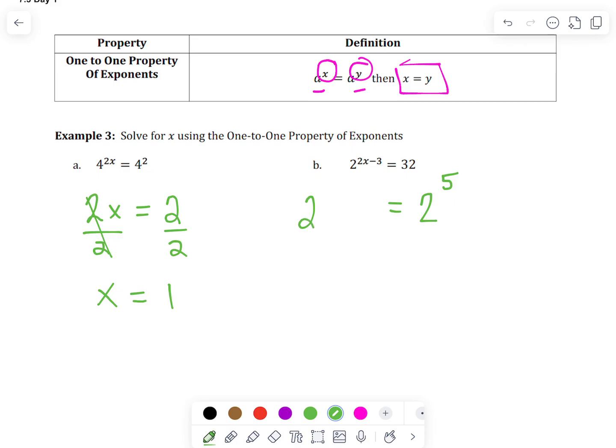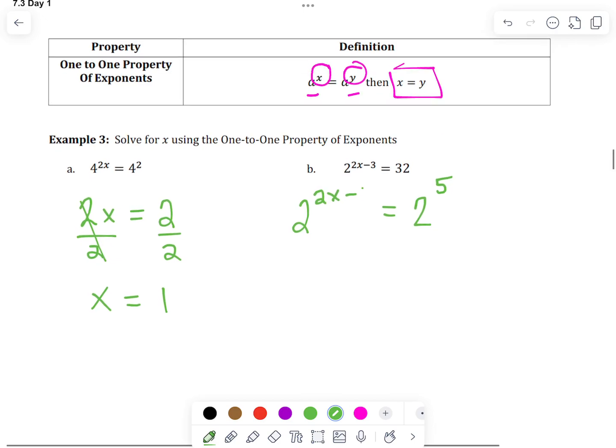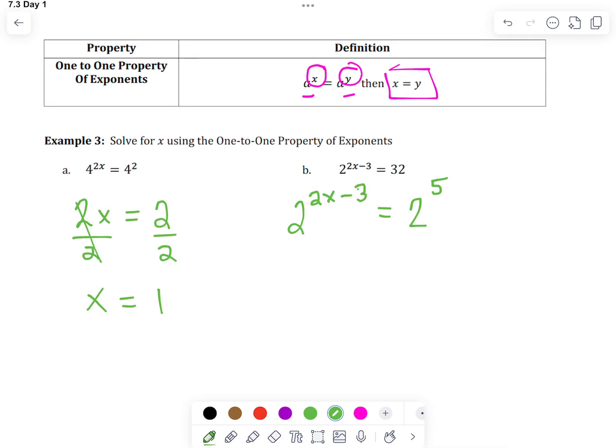And then the left side just stays as it is. Now we can use our one-to-one property. The bases are both 2, so that means our exponents must equal each other. So 2x minus 3 equals 5.